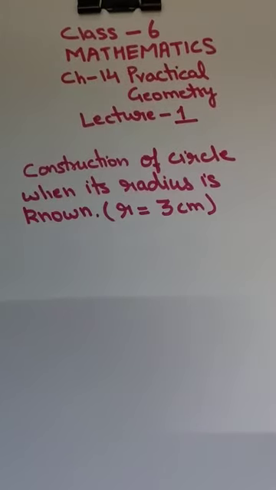So now let's start with construction of a circle when its radius is known. Okay, now today we will construct a circle when its radius is 3 centimeter. You know very well what is radius. So what we will do for this, we have steps.